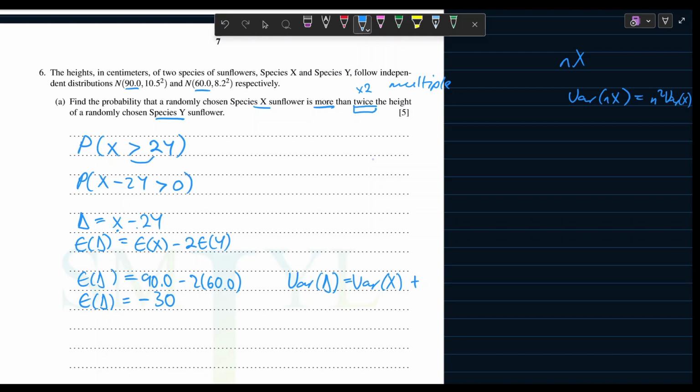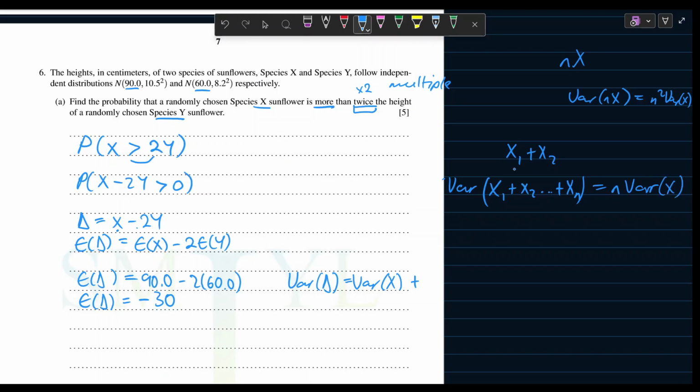Whereas if this was a sum, it would be of the form x1 plus x2, so in general anything of the form x1 plus x2 all the way up to xn. In general, if you want the variance of this, it's not n squared by x, it's just n by x. So that's the catch.